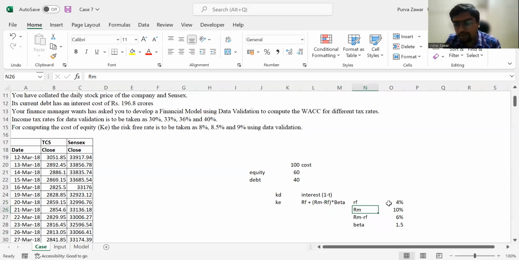If the stock is 1.5 times risky, 6 into 1.5, 9% they will be expecting from the stock, plus the 4% that anybody would achieve. So 13% will become the expectations of the shareholders, which will become the cost of the company. So for finding that beta, we need these prices.